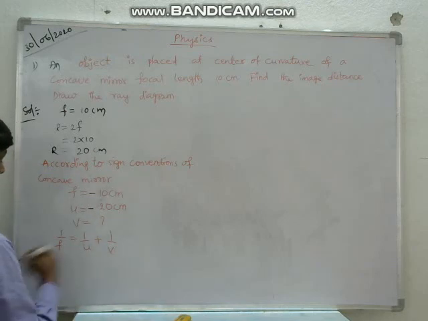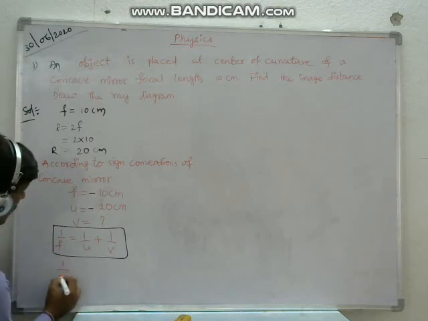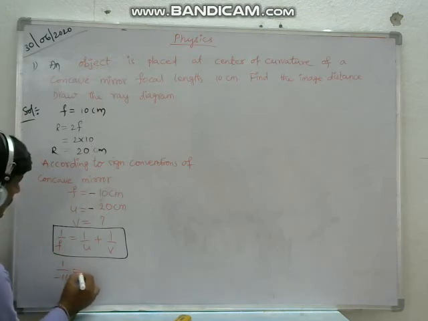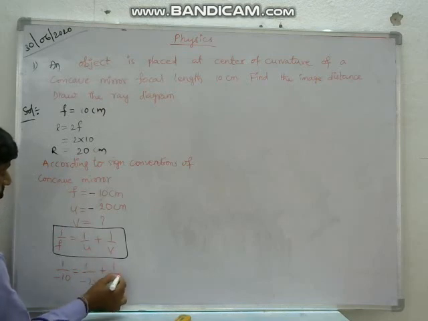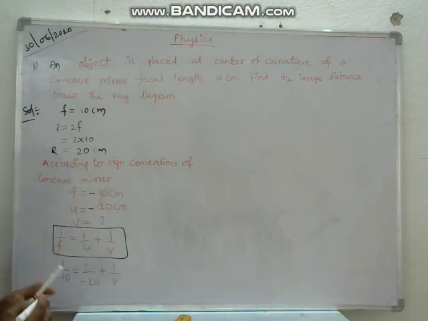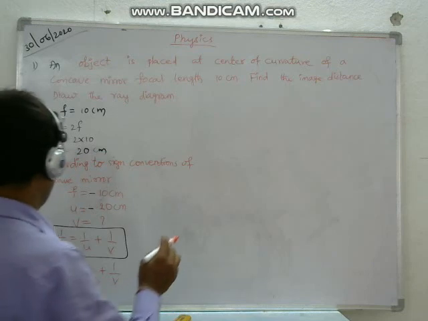Substituting the given data: 1 by minus 10 is equal to 1 by minus 20 plus 1 by v. Here f is minus 10, u is minus 20 and v is as it is.